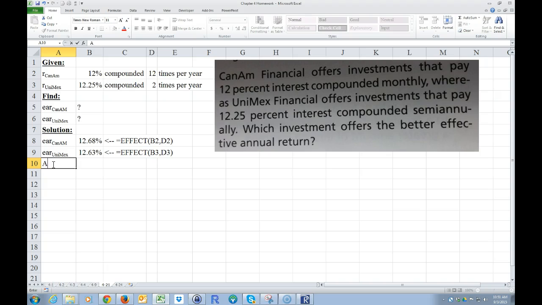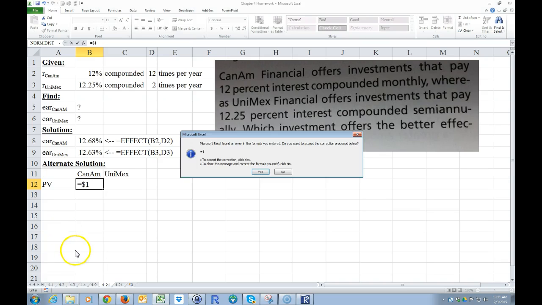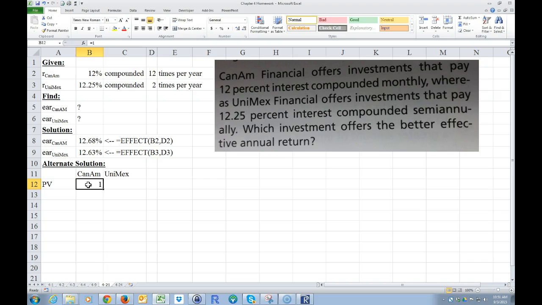All right, now we can do an alternate solution just to show you what's going on, just to make it very clear to you. What we could do is put Can-Am here, and you could put Unimex here, and we could say my present value is a negative $1 for each one of these.